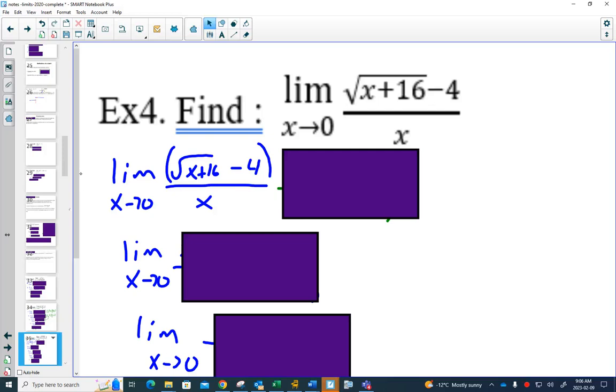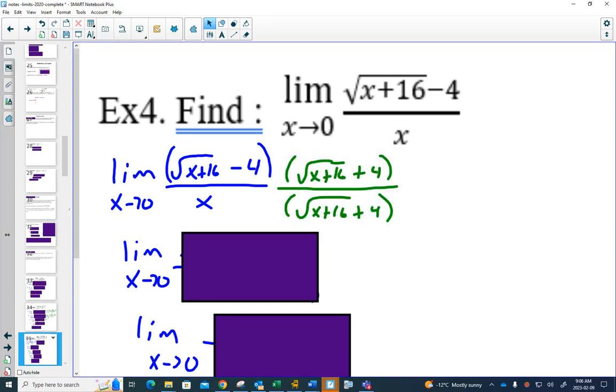So because it's 0 over 0, there's a good chance this graph has a hole. I need to cancel out this x, but there doesn't seem to be any factoring that I can do on the top. So this is an example of where we look at, can I rationalize the denominator, or numerator in this case? So I'd multiply by the same thing with a plus sign because I want to use that idea of a difference of squares.